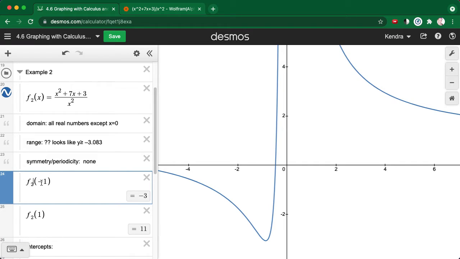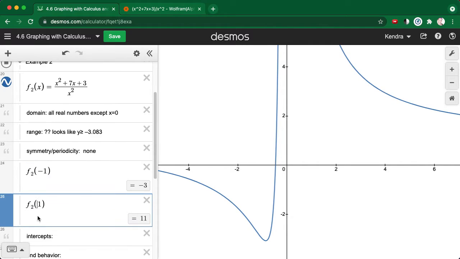So putting in symmetric inputs, -1 and +1, the outputs are not symmetric and they're not the same. If the function was even, these numbers would have to be the same. If the function were odd, these numbers would have to be opposites. But they are neither, so that gives me neither even nor odd symmetry.